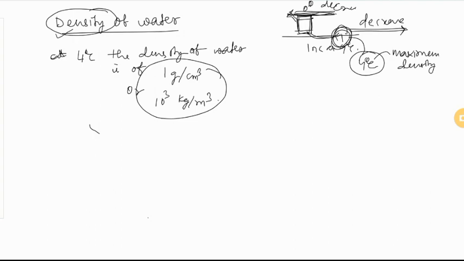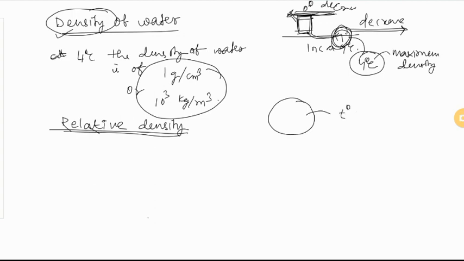Now, there is a term called relative density. What is relative density? Let us consider a substance. At T degree centigrade, its density is rho s, density of the substance.